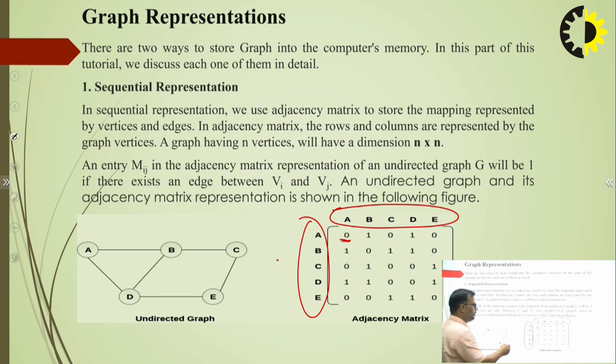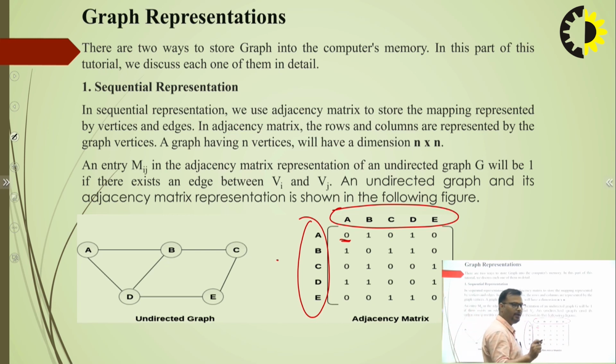Again B to A already has a connection, so 1, B to B 0, B to C 1, B to D 1 and B to E 0. Again C to A 0, C to B 1, C to C 0, C to D 0 and C to E 1.